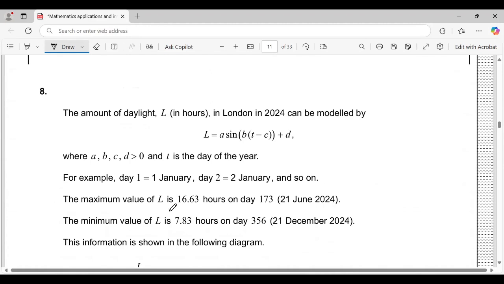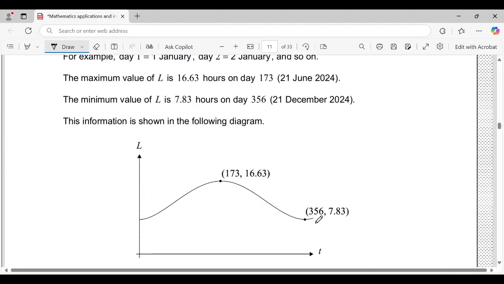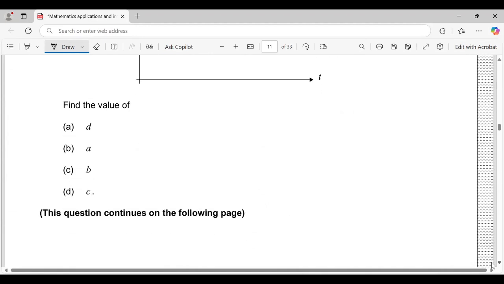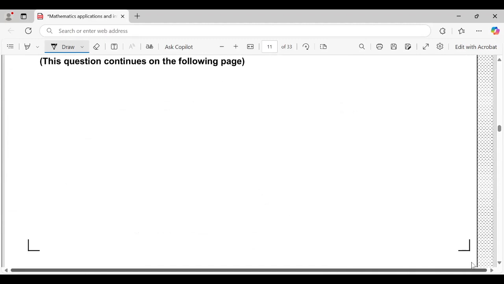The maximum value of L is 16.63 hours on day 173, 21st June 2024. The minimum value of L is 7.83 hours on day 356, 21st December 2024. This information is shown in the following diagram. This is the maximum, this is the minimum. Find the value of D, A, B, C.